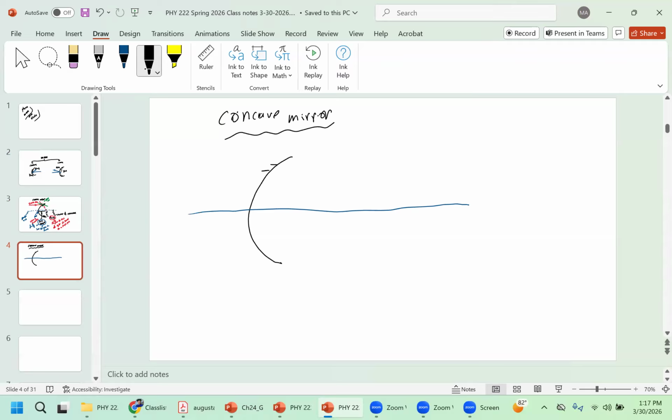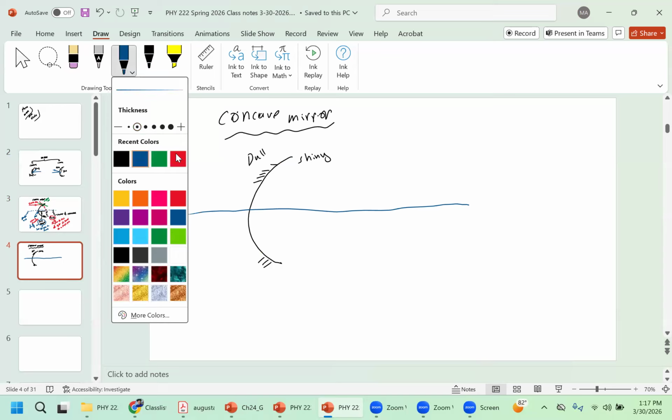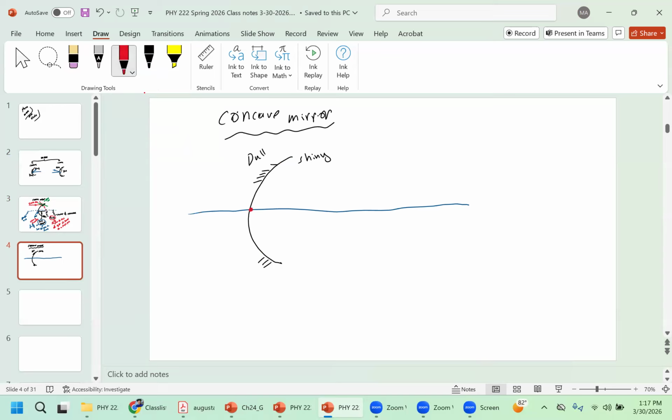So this is going to be your dull side. Here's your shiny side. Here's your pole. Let's say here's your focus, and let's say this is the center of curvature right over here. I'm just going to exaggerate a little bit.